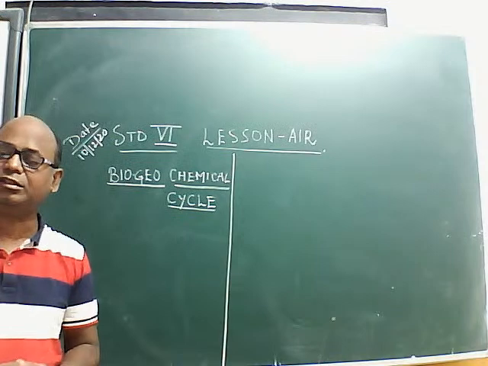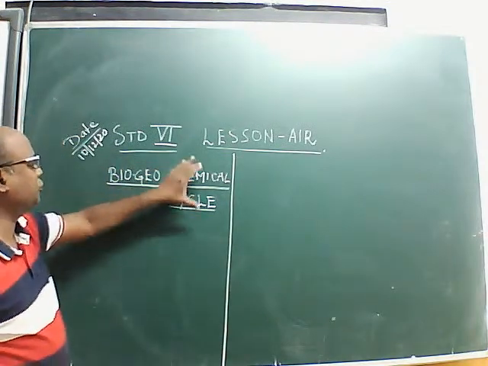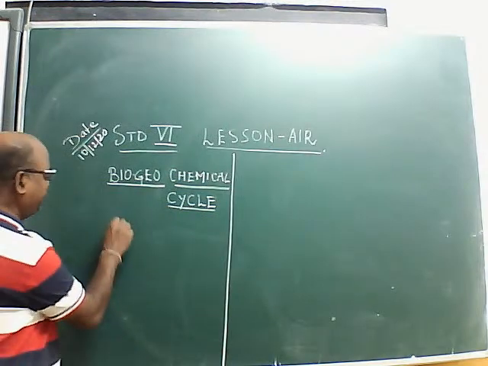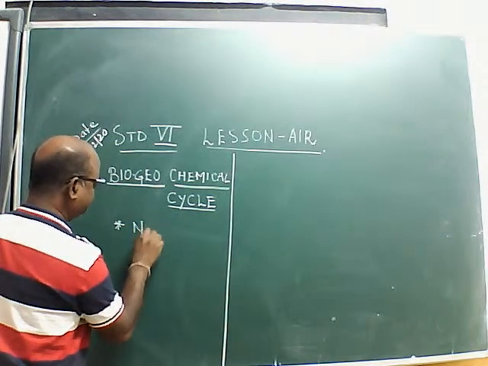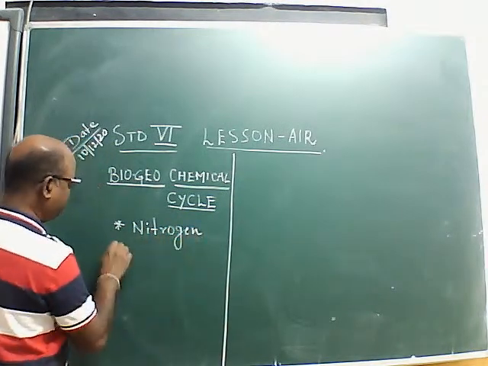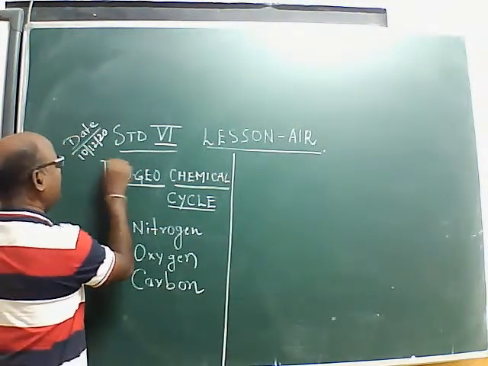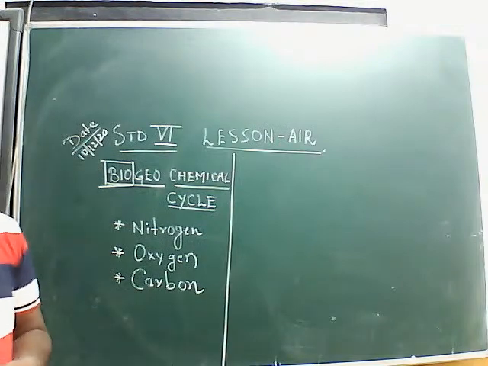Okay, hydrosphere, lithosphere, and atmosphere. That is the biogeochemical cycle. Till now we studied the biogeochemical cycle of nitrogen. We studied how it gets transferred in the living world. That is very simple.